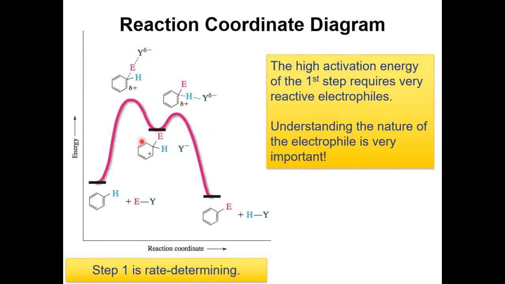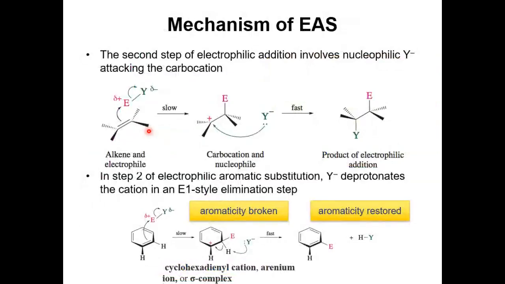This intermediate has two names. You can call it arenium ion, or you can call it sigma complex. You can also call it by the full name, cyclohexadienyl cation.